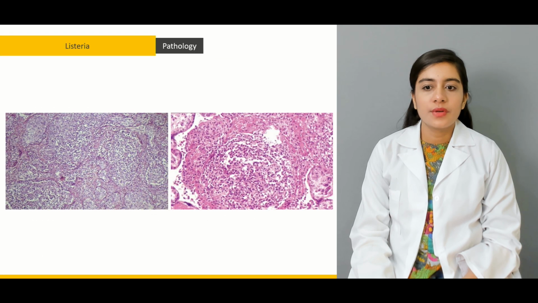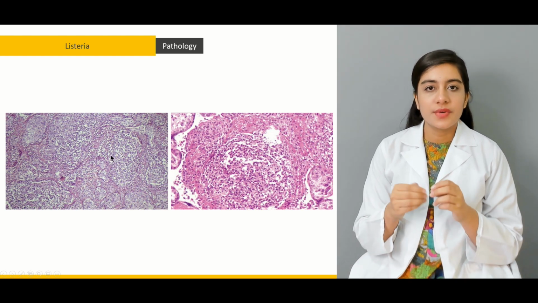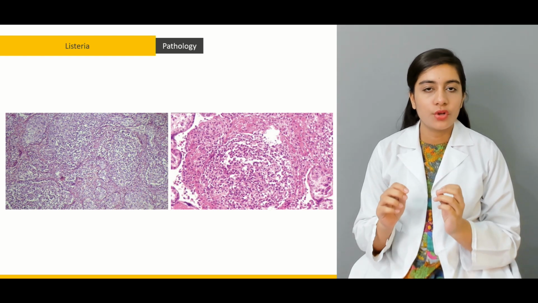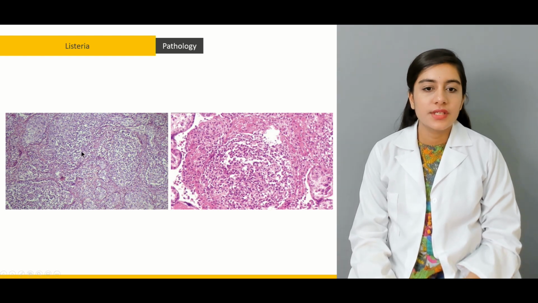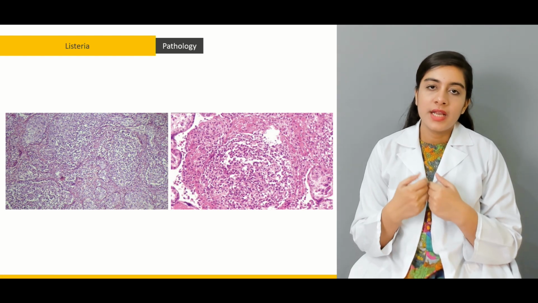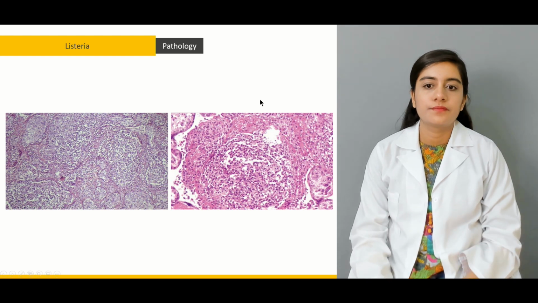Now, if we talk about the pathology of listeria, there is hypercellularization and an enormous amount of micro abscesses are usually seen. If you can see these areas over here, they are filled with micro abscesses. This is usually the appearance of the chorion and amnion when the child is suffering from listeria.